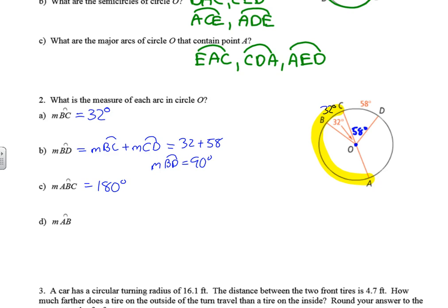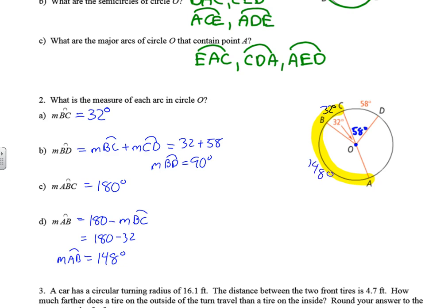And then we've got the measure of arc AB. Well, AB would equal 180 minus the measure of arc BC. So that would be 180 minus 32, which would be 148 degrees. So this arc here is 148.